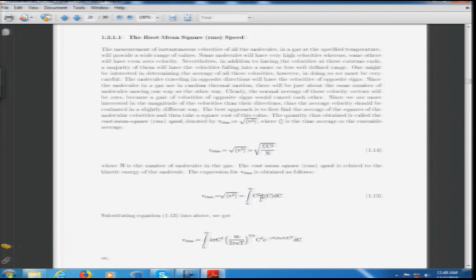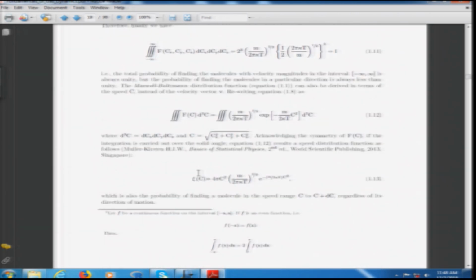This speed distribution function is represented as xi, xi c dc, which is given by the equation we have written here, 1.13.